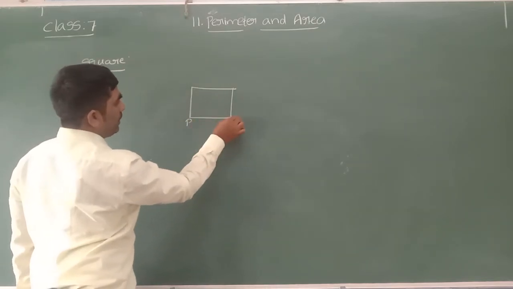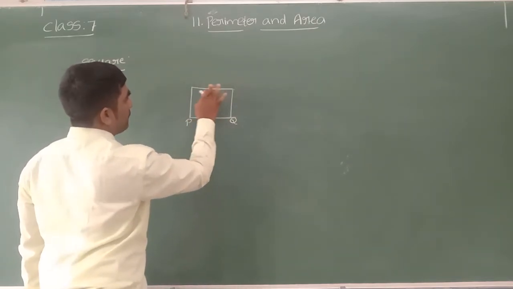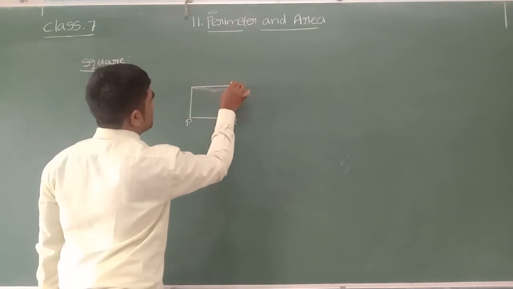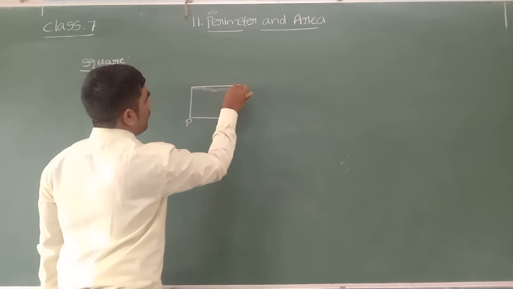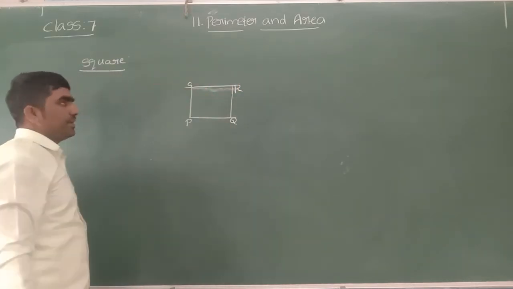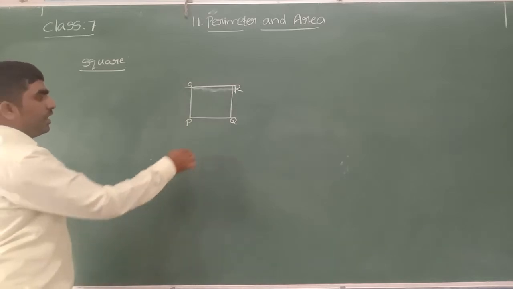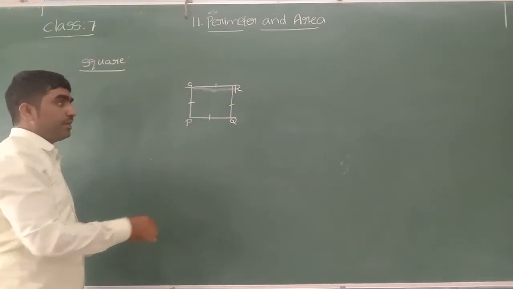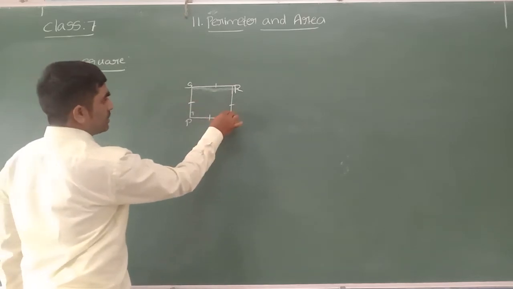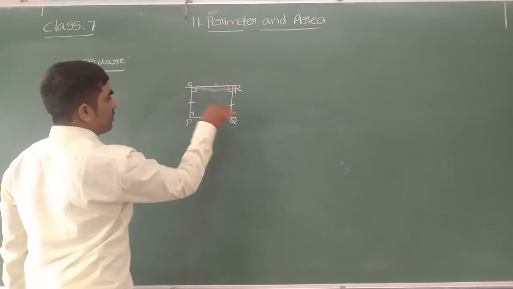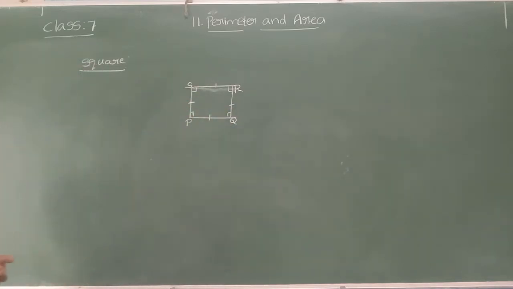Name it P, Q, R, S. P, Q, R, S is a square. It means it has four sides, the lengths of all four sides are equal, and each angle is a right angle. We already learned about the square in the previous class.